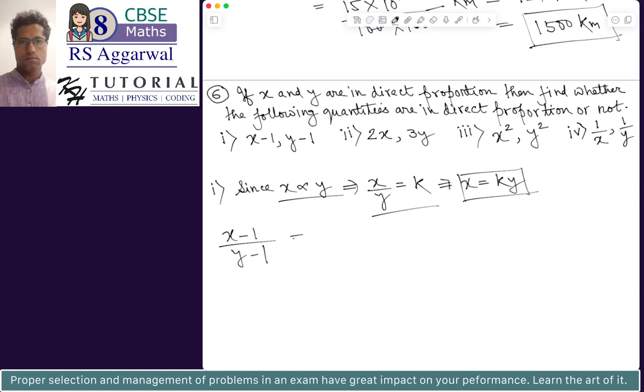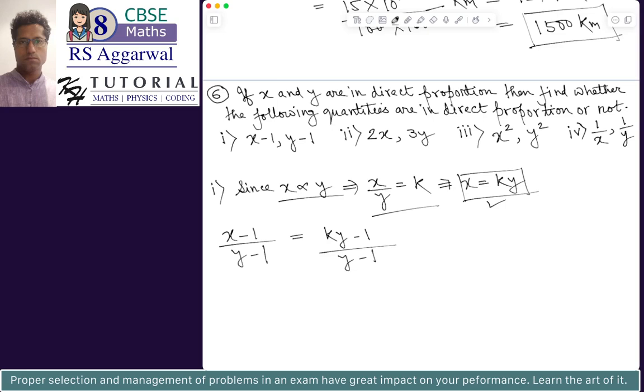From the previous fact, we know that x is equal to ky for some constant k. So x minus 1 divided by y minus 1, we can rewrite this, substituting the value of x as ky, as ky minus 1 divided by y minus 1.